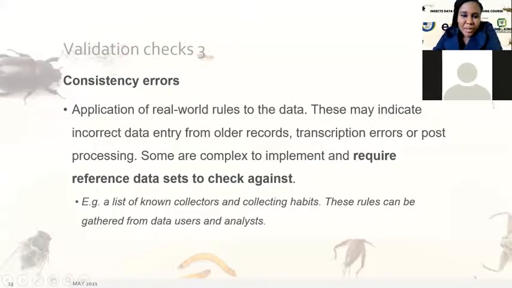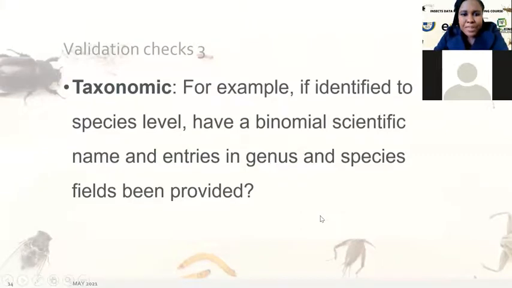All right. So if there's no feedback, there are also consistency errors. For example, if we are saying for the museum collection, earlier than a certain date, and the date on it is 2022, that is impossible, so those are consistency errors. Or if you say Dorothy Madamba collected a specimen in Russia, that's a consistency error because I've never been to Russia and my collection should give examples of consistency error.